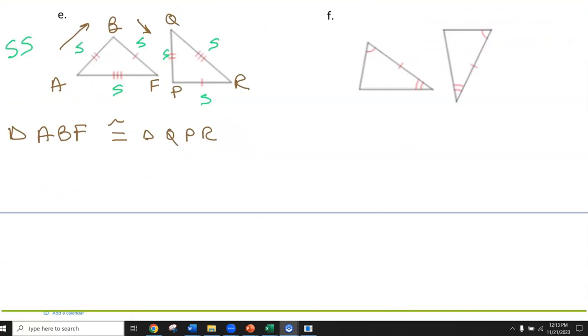Okay, last one on this page. Look at this, what do I have? I have angle, and I have a sandwich side, and I have angle. So this is angle, side, angle. This is PQR and this is ABC.